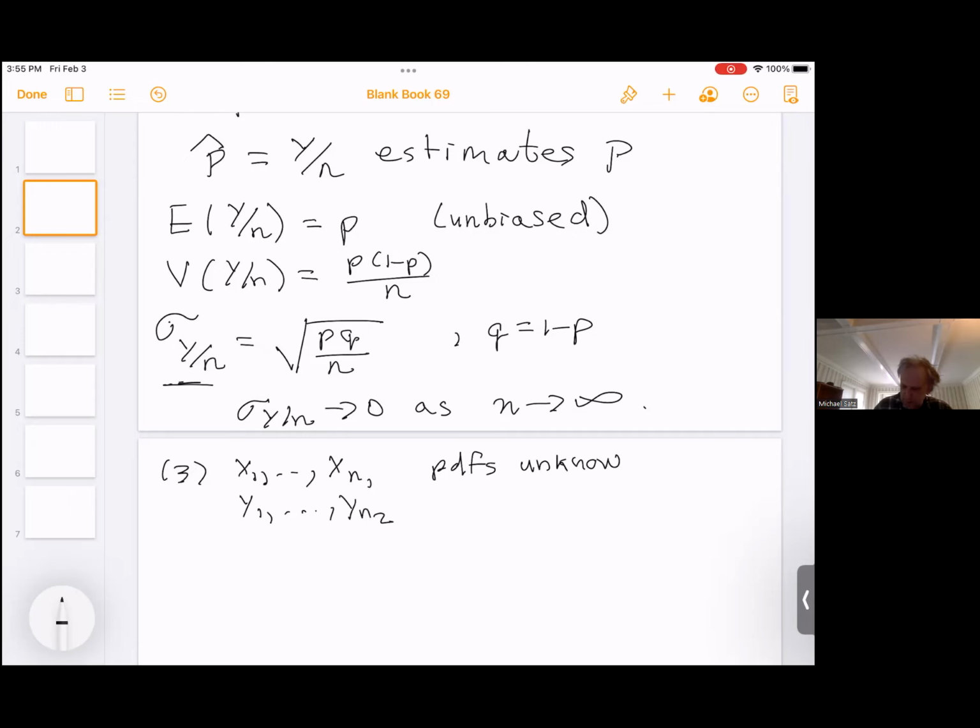But these are IID, and they're all also independent of each other, and all n1 plus n2 random variables are independent.